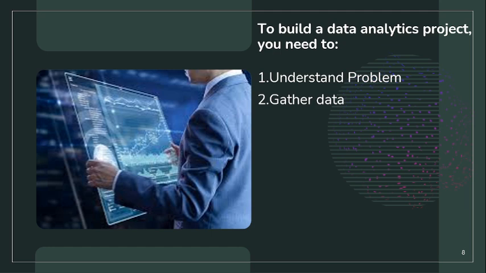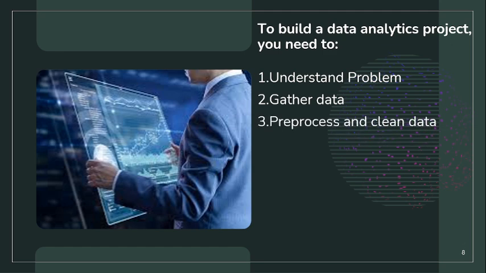So what I'm saying is you have to take the next step to gather data that is relevant to that problem. That is how you gather data. I'll show you different sources where you can source data in a future video.